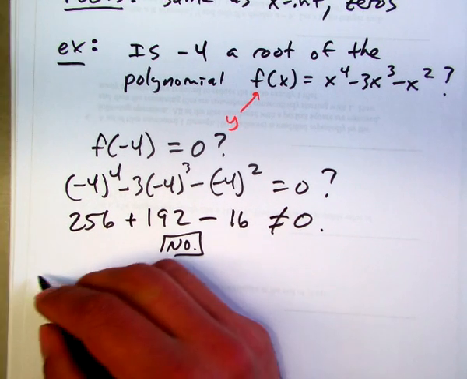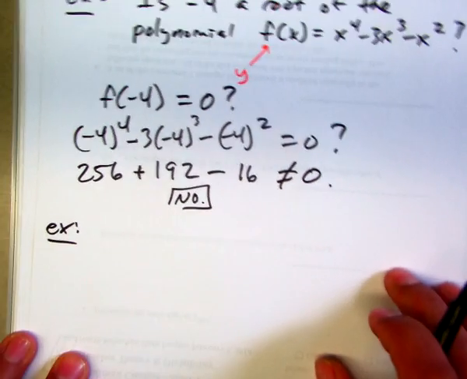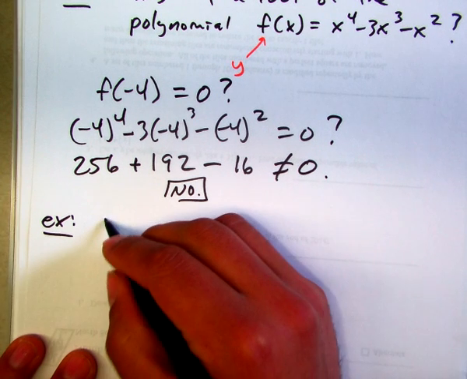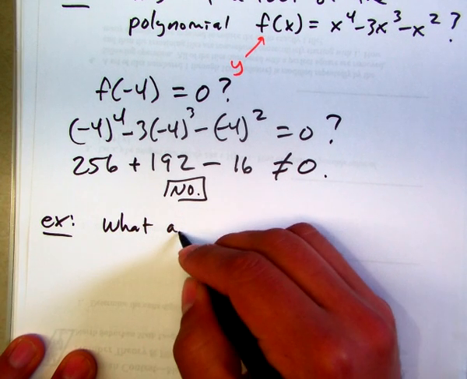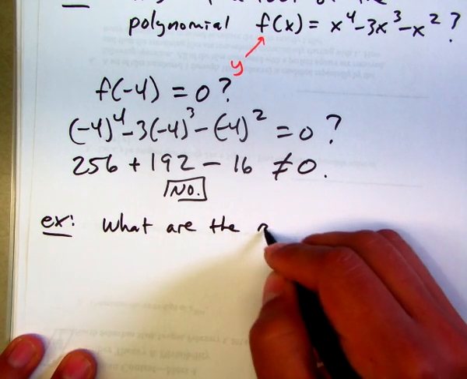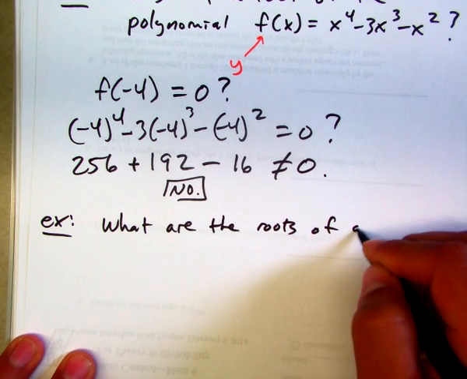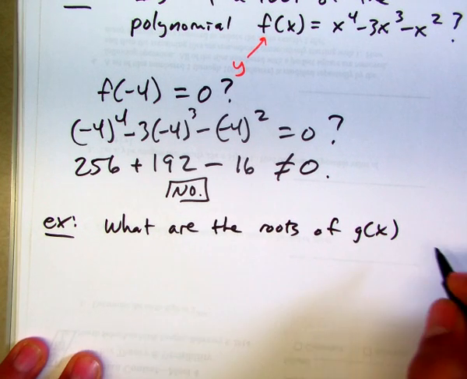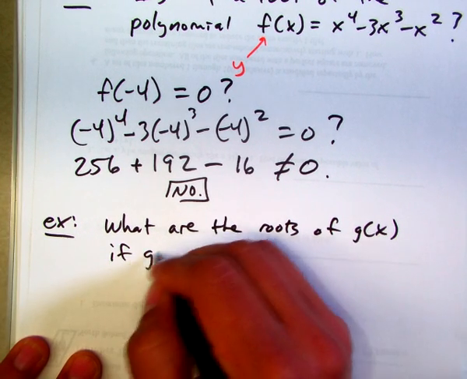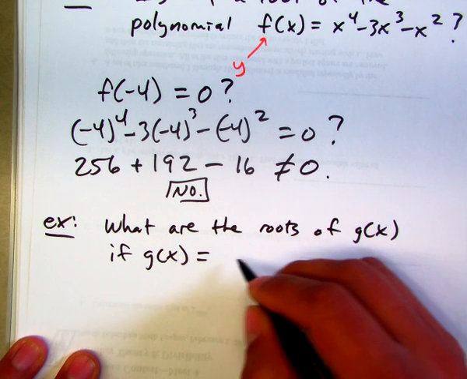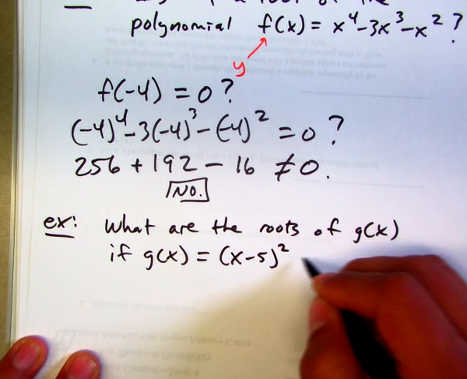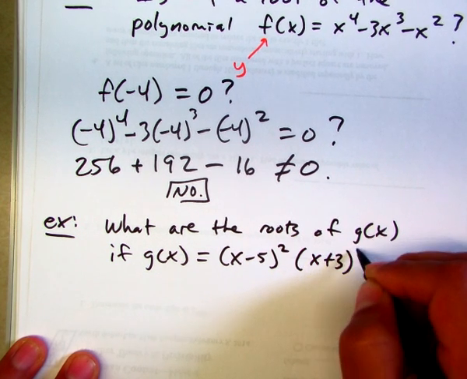Another question. What are the roots of g of x if g of x equals x minus 5 squared times x plus 3 cubed?